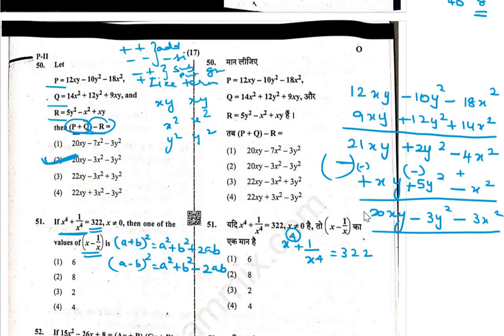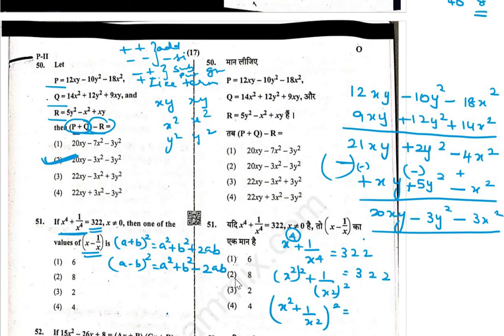This is the highest power, so this can be written as x squared the whole square plus 1 by x squared the whole square equal to 322. Okay. What is x squared plus 1 by x squared the whole square?